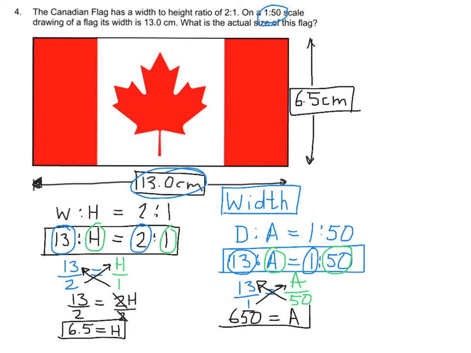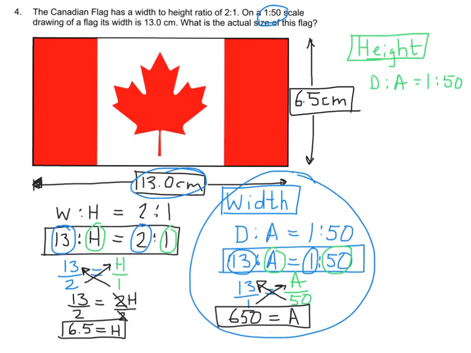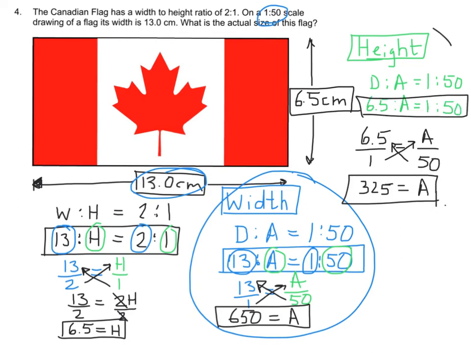So we know the actual width of that Canadian flag is 650. Remember, we are finding width over here. Now to find the height, I'll just set it up for you. Diagram to actual equals 1 to 50. My diagram is, we know is 6.5 to the actual, which we don't know, is equal to 1 to 50. And when you complete that, you should get that the actual height is 325.